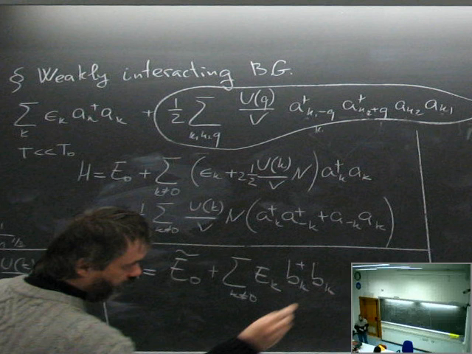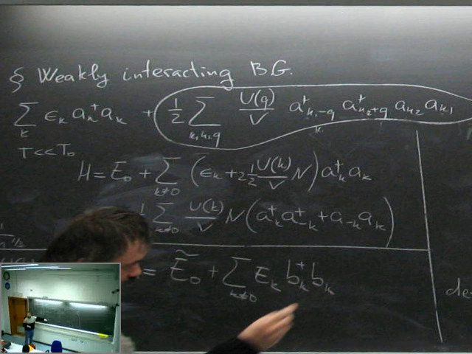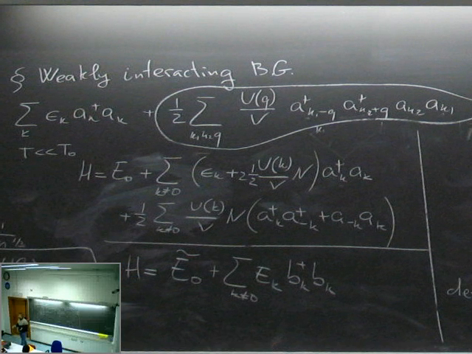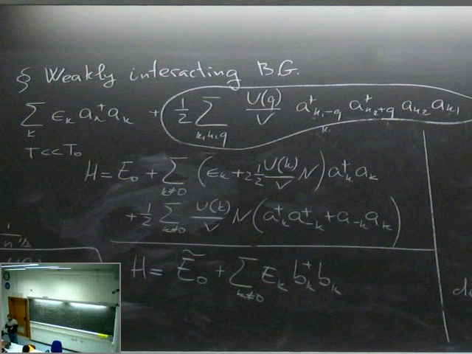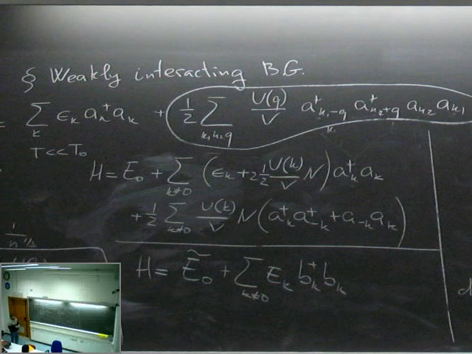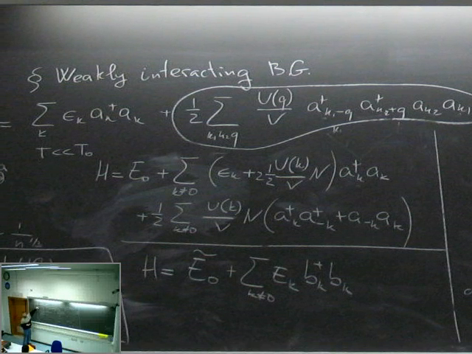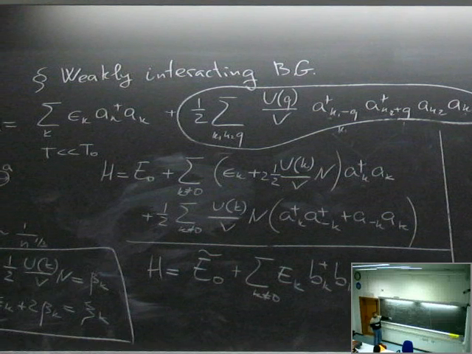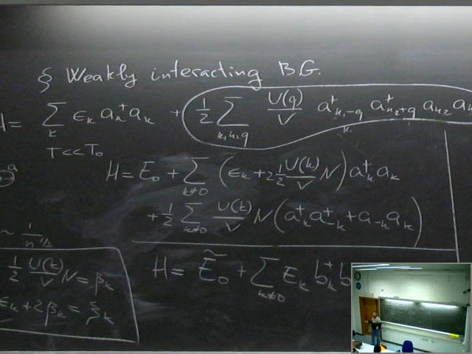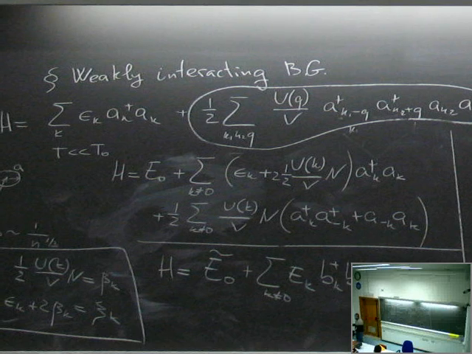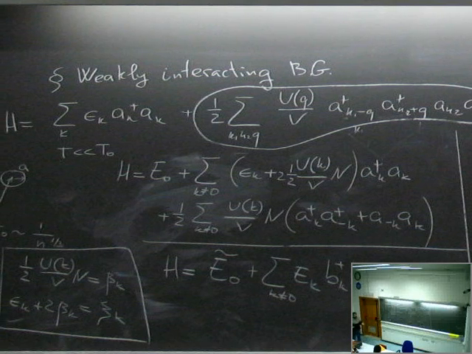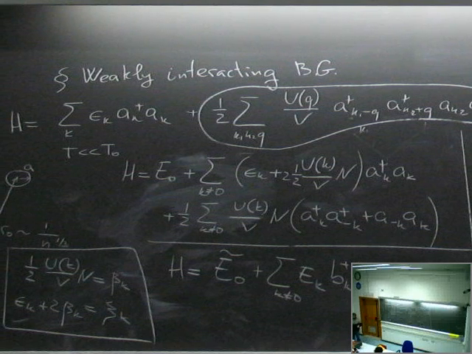If I do it, this is the diagonal form, and I will call this epsilon_k a new dispersion, the new spectrum of my problem, because I mapped my initial problem with interaction to something non-interacting. This is very consistent with the concept of quasi-particles, so this is the way I diagonalize the Hamiltonian.